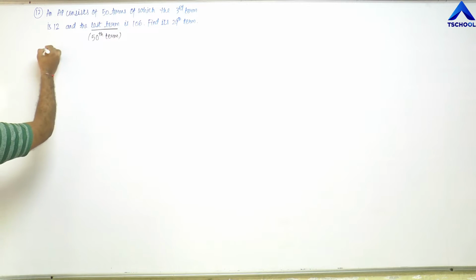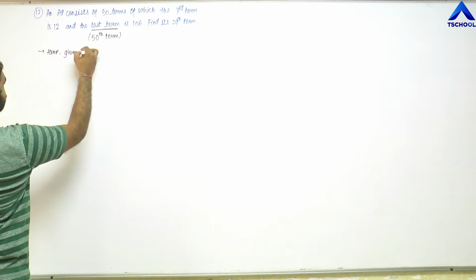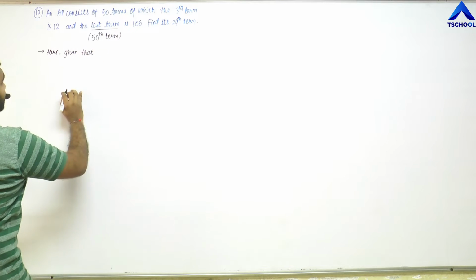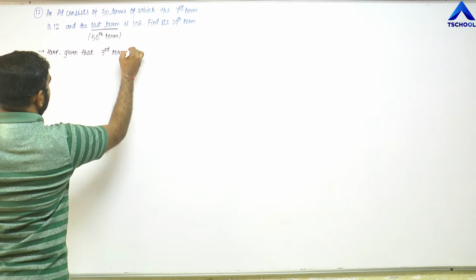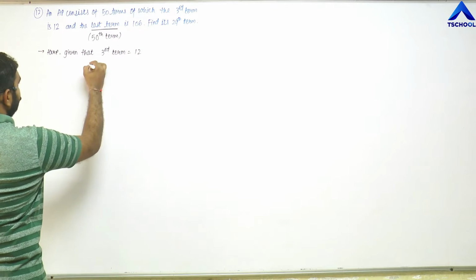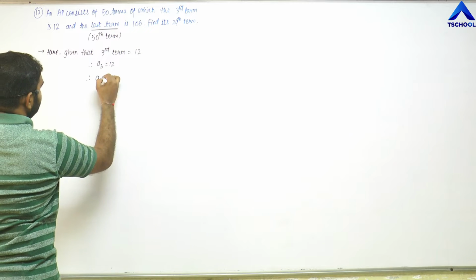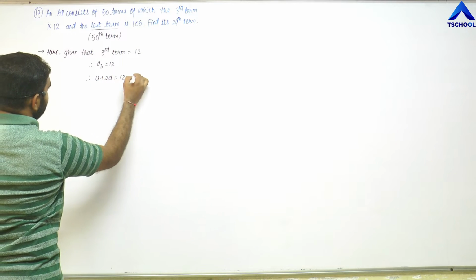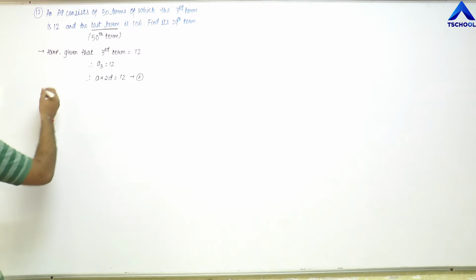Now let us solve this here. Given that the third term is equal to 12. Therefore, A3 equals 12. Comparing with the general form, A plus 2D is equal to 12. So we got the first equation here, A plus 2D equals 12.